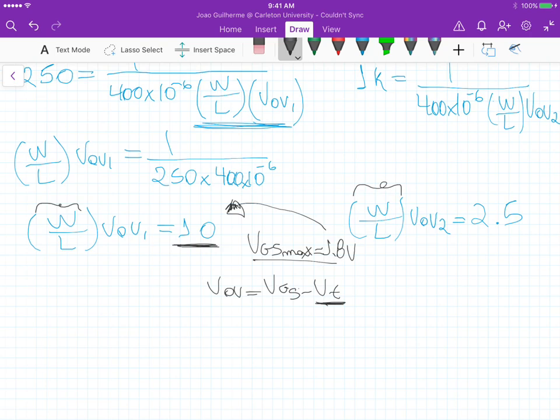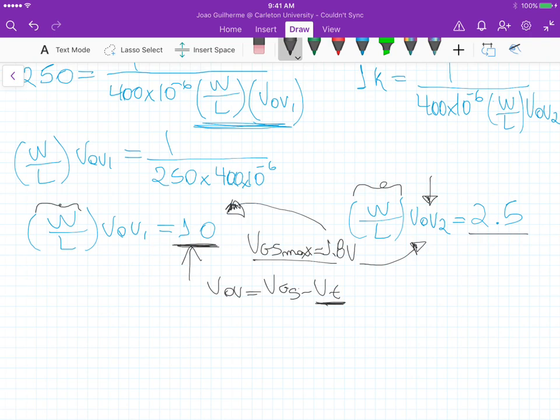In the second condition, if we decrease V overdrive 2 to achieve this 2.5, that's okay. But if we use 1.8 here, we are not allowed to increase VGS to get those 10. So that's the reason we are using VGS max in this first condition to get the aspect ratio.